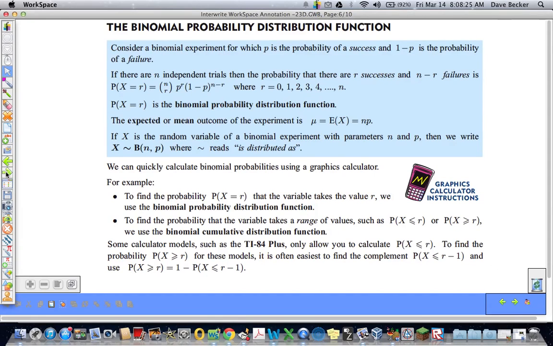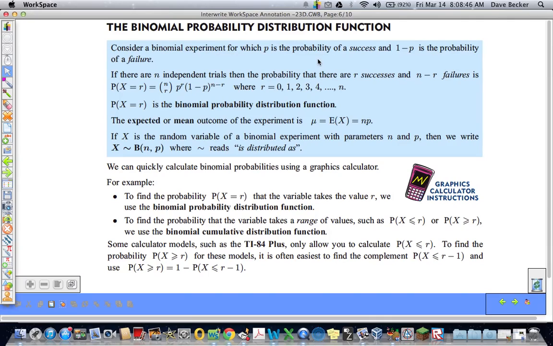The binomial distribution, part 2. Okay, a lot of words here. Bear down. It's not as bad and horrible as it looks. So, we're talking about the binomial probability distribution function. We explored it in the previous video.